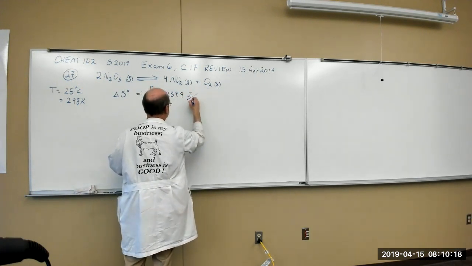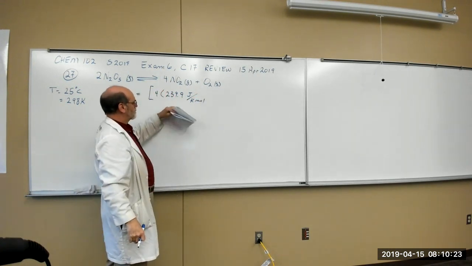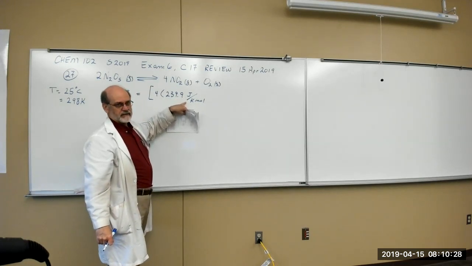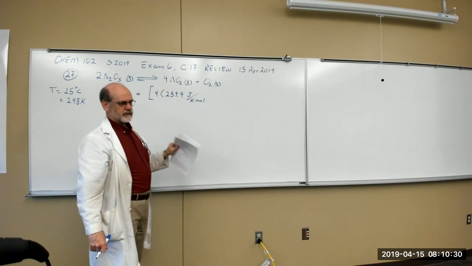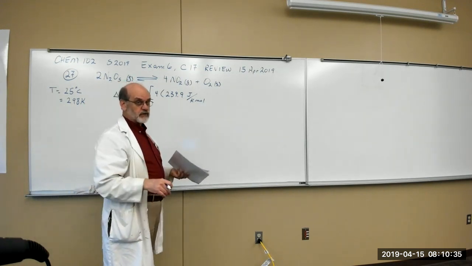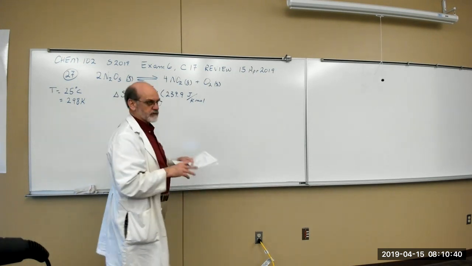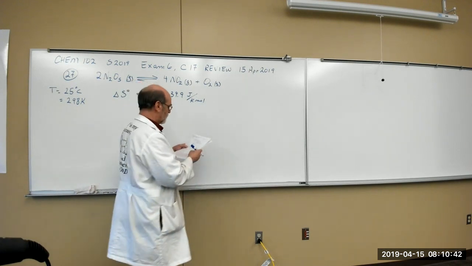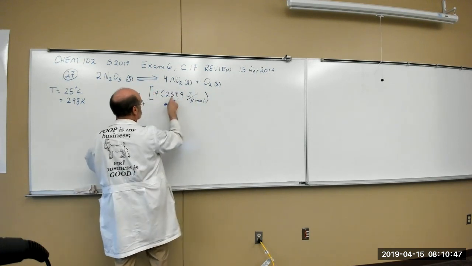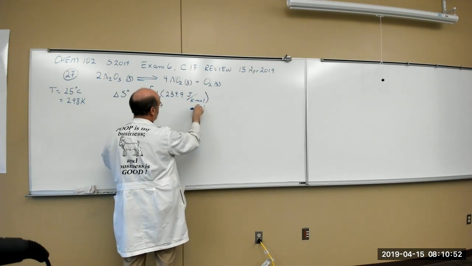And notice entropies are reported as joules per K mole, whereas most enthalpies are kilojoules. So you have to be careful with those units when you start to do other calculations. This calculation is no problem because it's all in entropy. And we need to multiply that value times 4 because this is 4 moles and this is per mole.